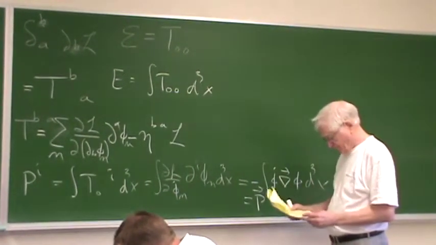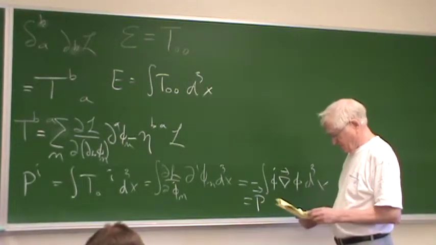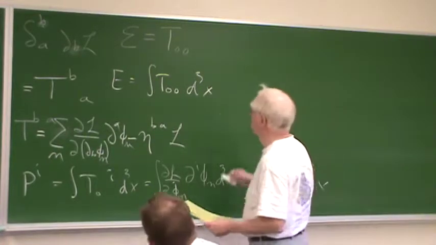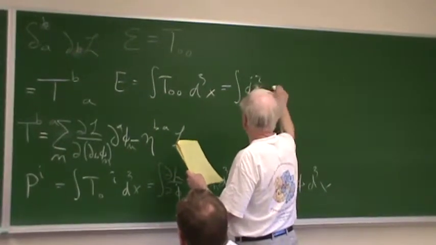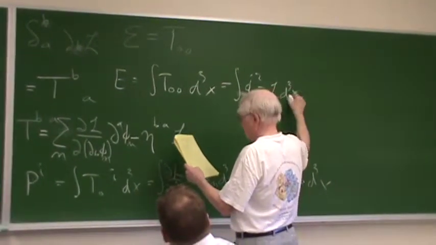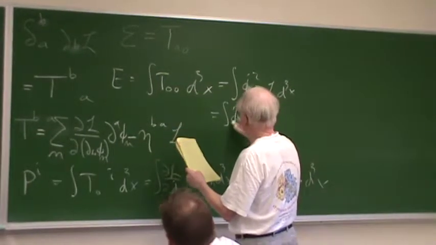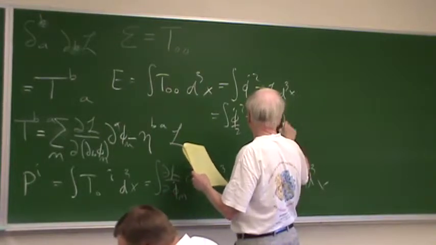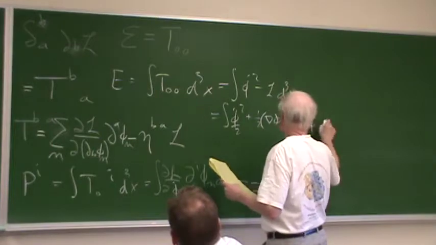And for the energy, it would be an integral of phi dot squared minus L d cubed x, and this is the integral of a half phi dot squared plus a half grad phi squared plus a half m squared phi squared.